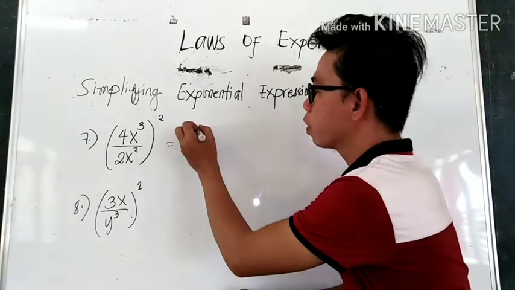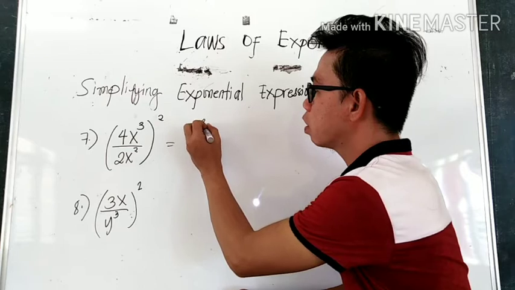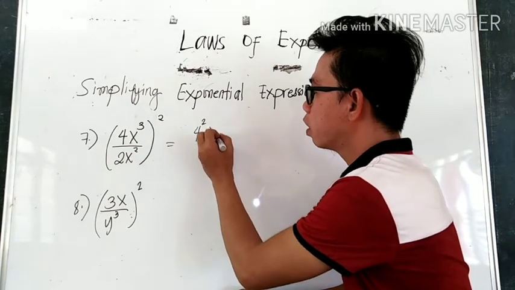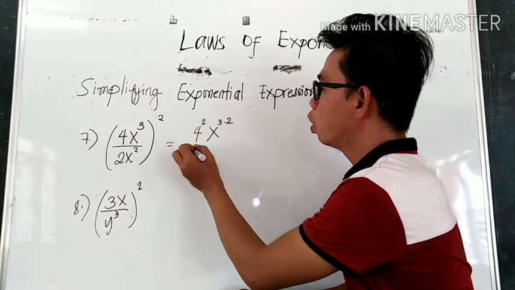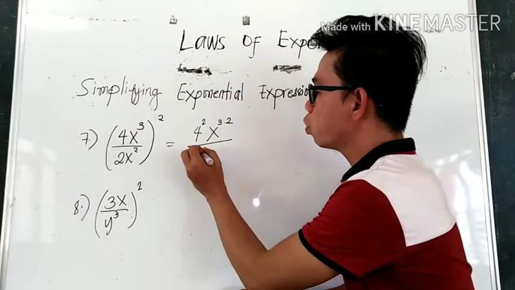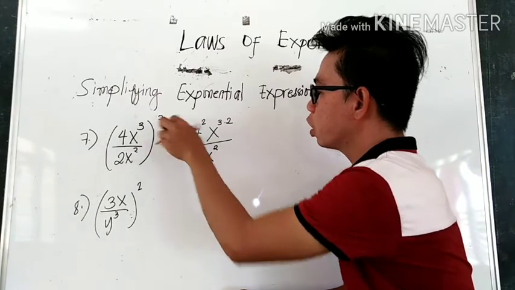We have 4 squared, x, 3 times 2, over 2 squared, then x, 2 times 2.